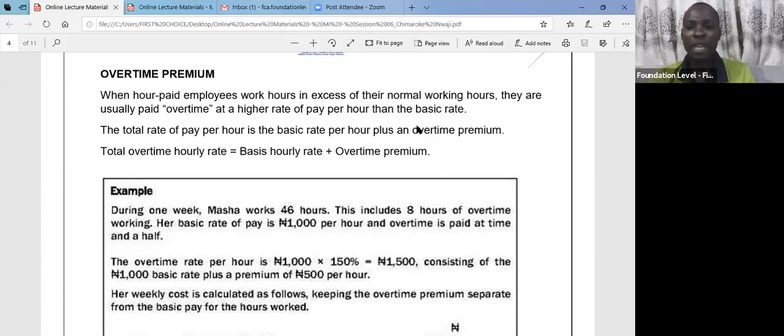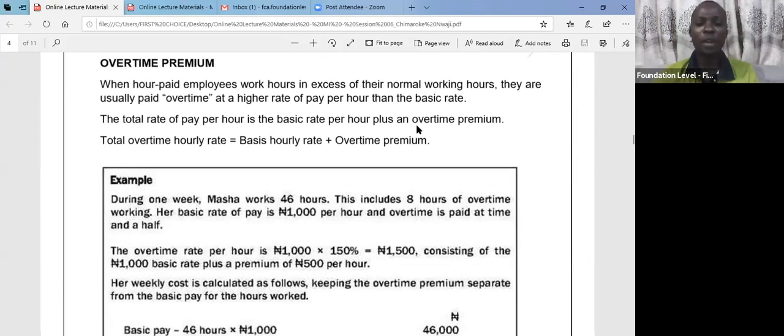If you are buying shares and they say this is 1 naira per share, nominal share, and they are selling it for 150 naira, it means that your premium is 50 naira. That excess over the nominal is your premium. So the excess over the basic rate is your overtime premium. So that excess is kept separate from the basic.